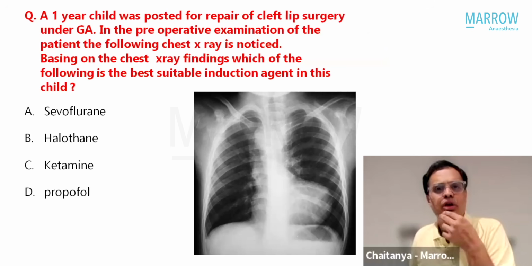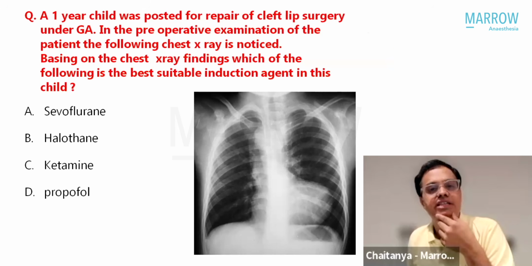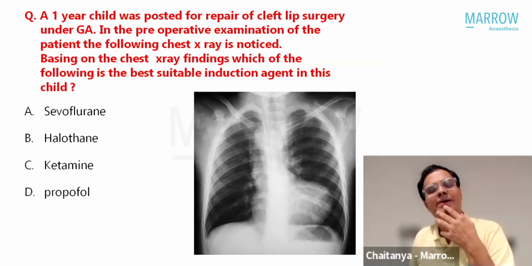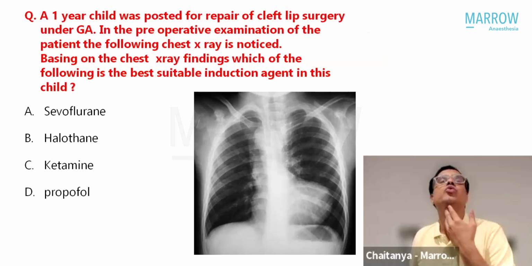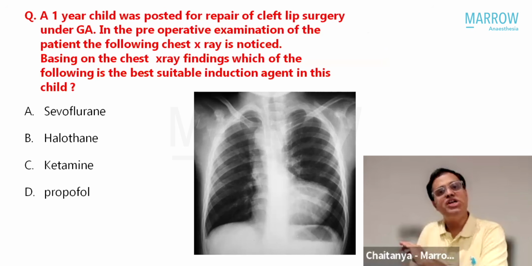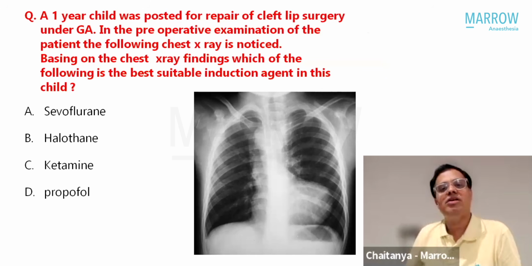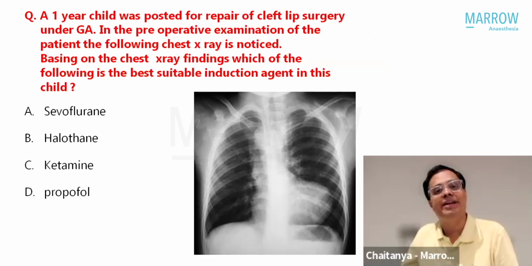And one more thing I wanted to highlight from the Miller's anesthesia textbook. In the chapter on pediatric anesthesia, they have mentioned, I don't know the reason why, that in case of acute laryngotracheitis or acute epiglottitis, when we are trying to induce the baby for sleep, they asked us to use halothane.